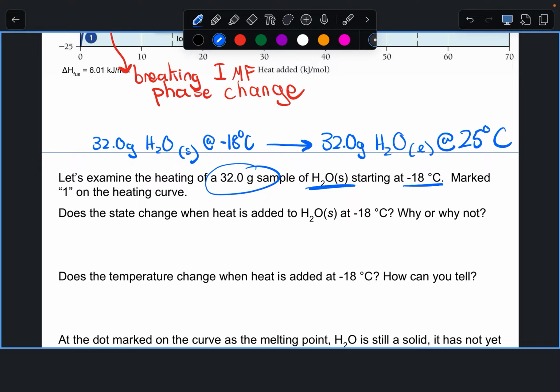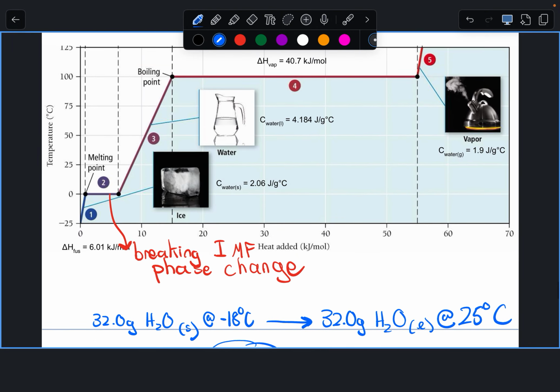That's the process that we're going to do a calculation for, to say how much energy does this take? So this is our ice cube sitting in the pot, and we're going to bring it up to room temperature, basically. Let me show that in highlighter.